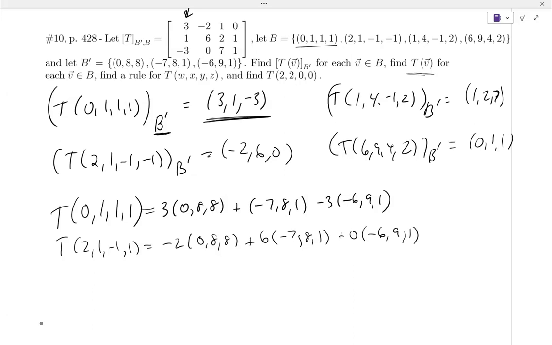And do the exact same thing for the other two. Does that make sense? What we're doing there?